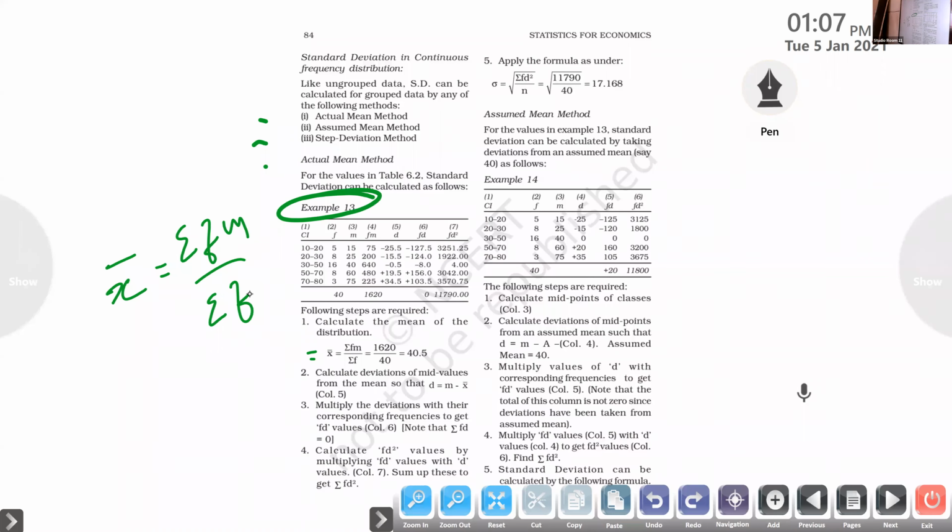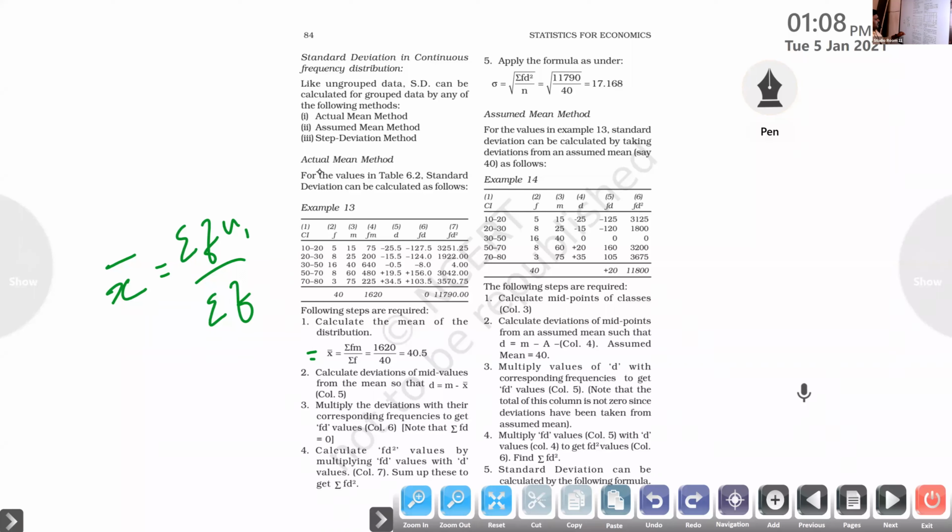The class interval, example 13. Just observe example 13. The class interval is provided, frequency also provided in the question. So in the question we are given the class interval and the frequencies. It is starting from 10 to 20, 20 to 30, 30 to 50, 50 to 70, 70 to 80. Observe very clearly. The frequencies are as follows: 5, 8, 16, 8 and 3.